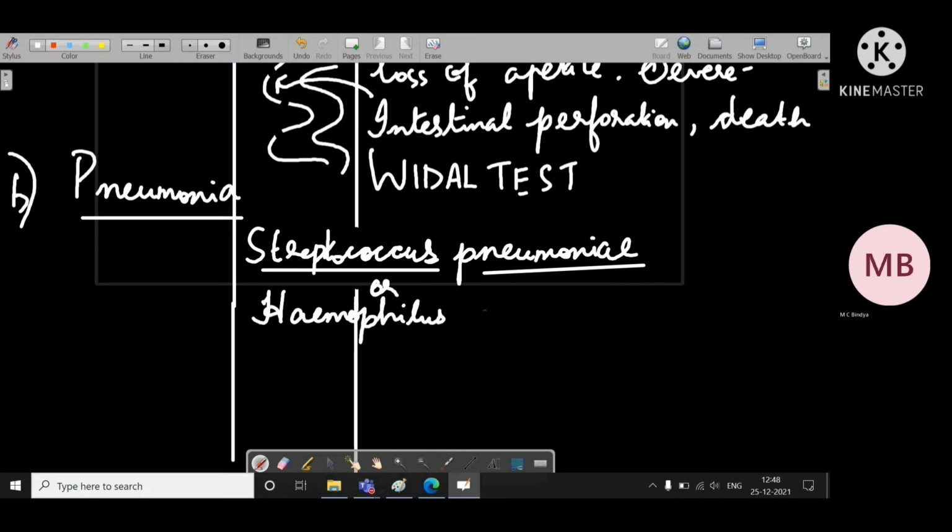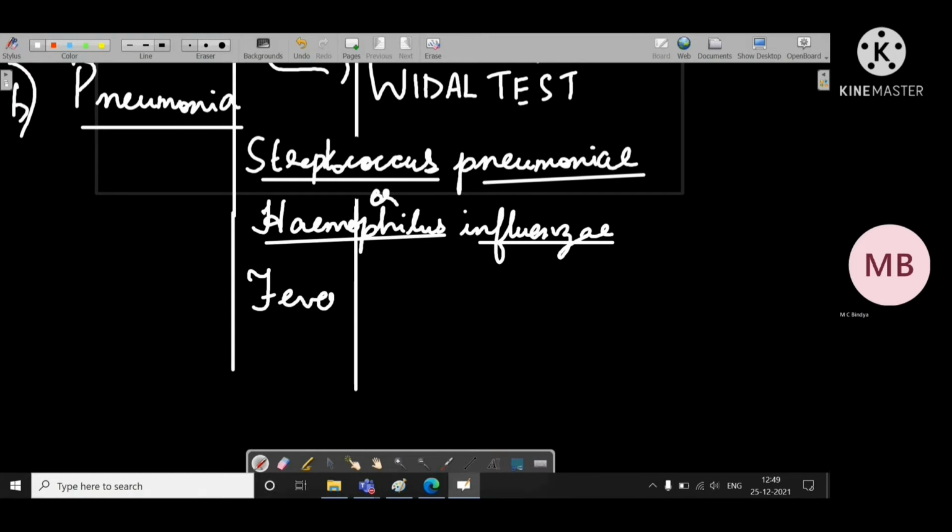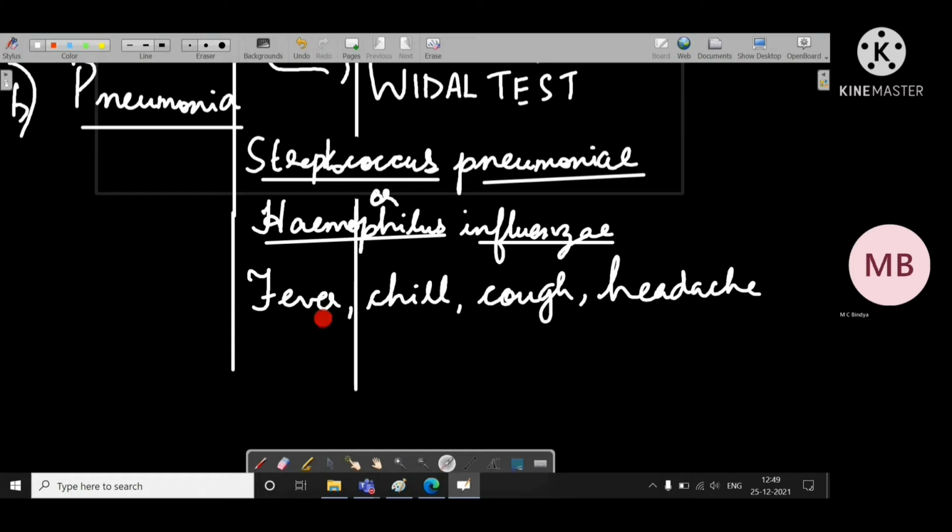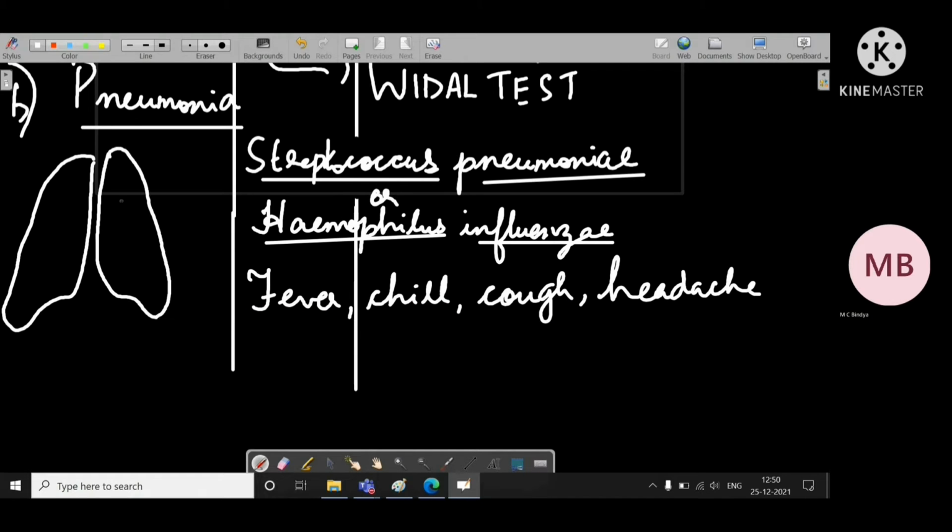Next is pneumonia. Pneumonia is caused by bacteria Streptococcus pneumoniae or Haemophilus influenzae, and it's characterized by fever, chill, cough, headache, and the bacteria infects the lung alveoli.